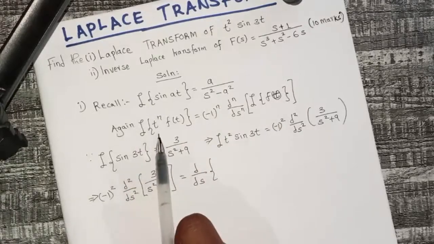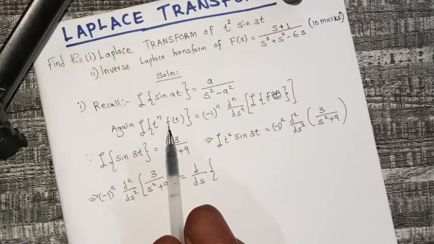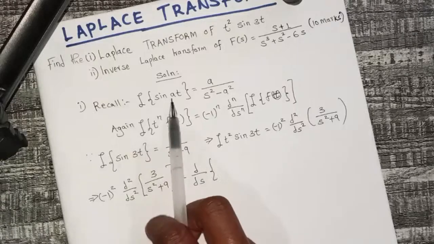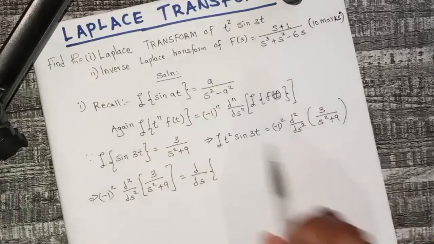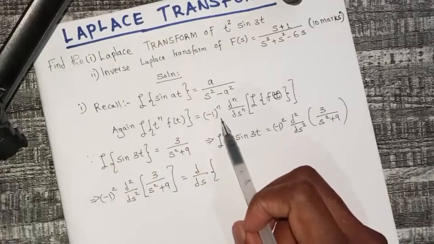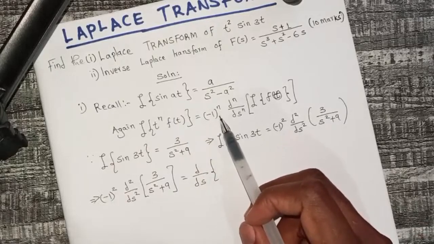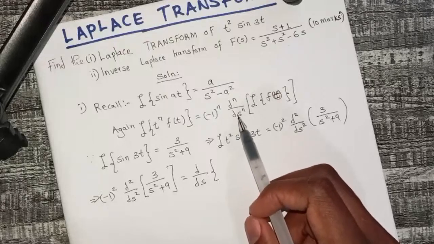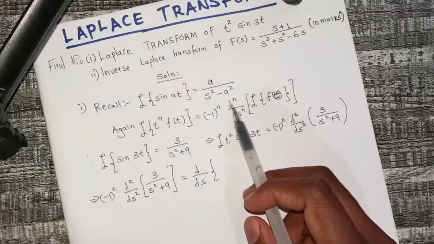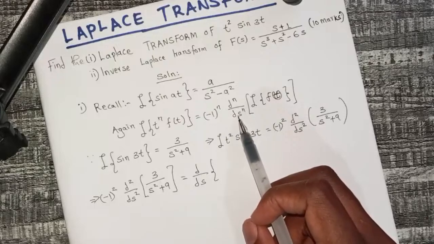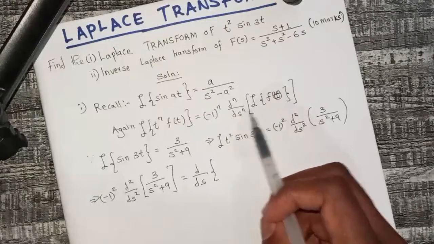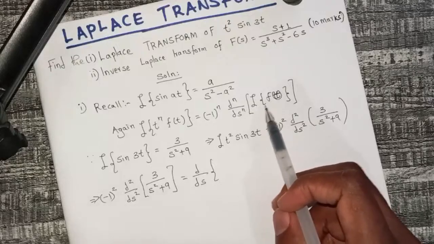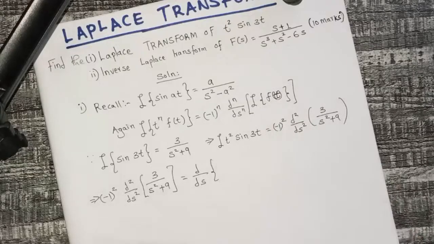And another formula: the Laplace transform of t to the power of n times f of t is given by negative 1 to the power of n, multiplied by the nth derivative with respect to s of the Laplace transform of f of t.